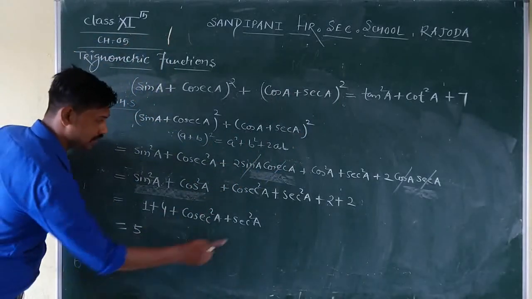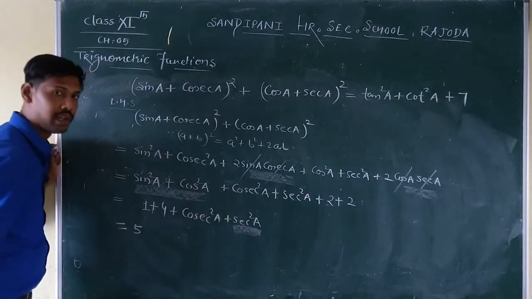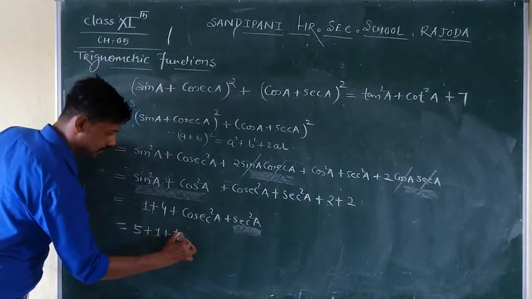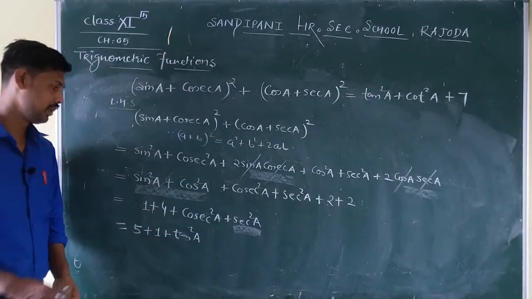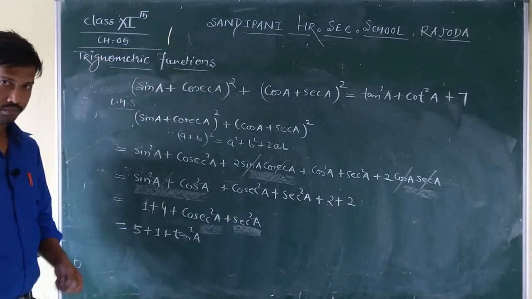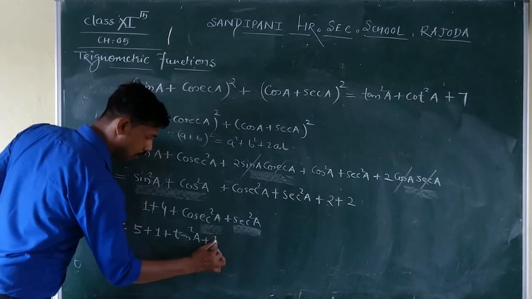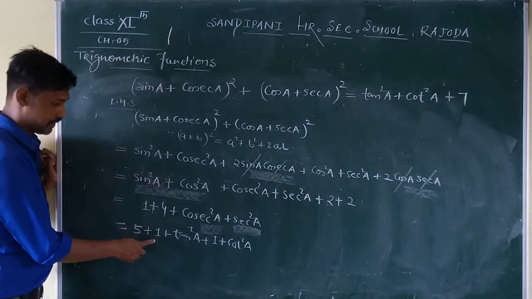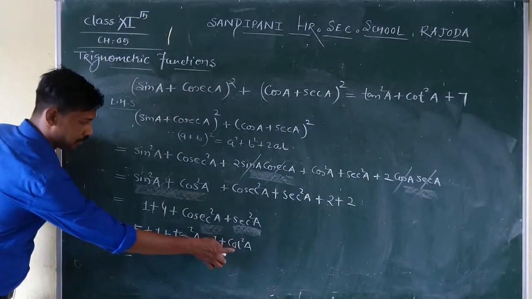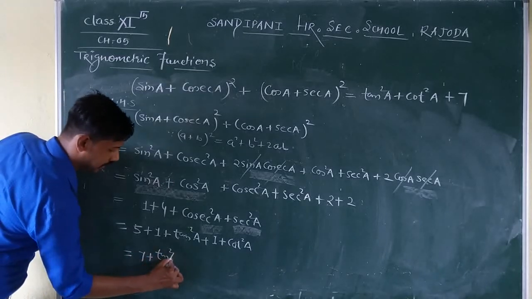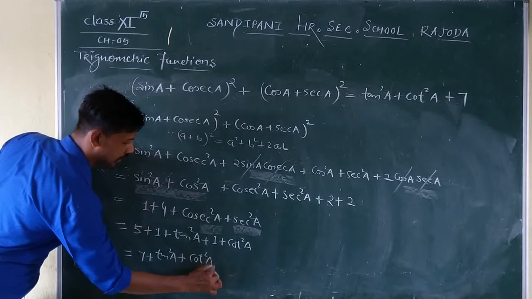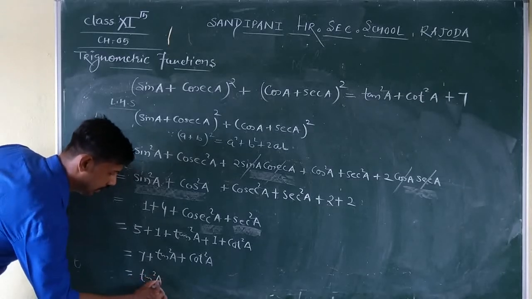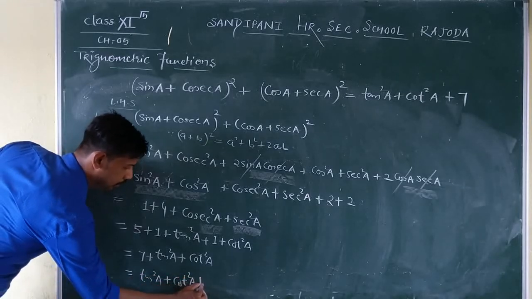So 1 plus tan square theta is equal to sec square theta. We can write 1 plus tan square A in the place of sec square A. And we know the identity 1 plus cot square theta is equal to cosec square theta, so 1 plus cot square A. 5 plus 1 is 6, 6 plus 1 is 7, 7 plus tan square A plus cot square A. We are arranging according to the RHS: firstly tan square A, then cot square A plus 7.